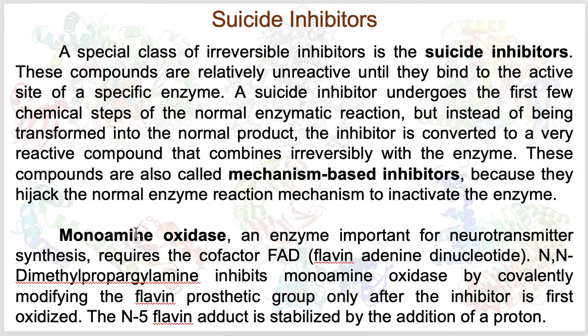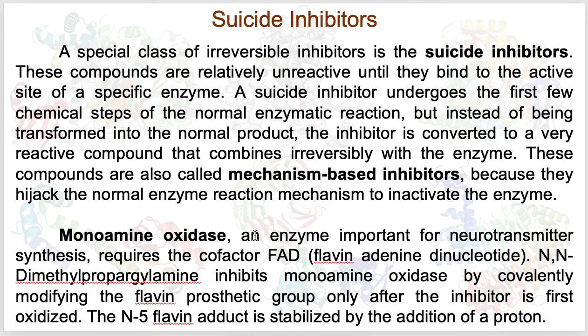This is one example, monoamine oxidase. N,N-dimethylpropargylamine is one example of a suicide inhibitor which inhibits this enzyme, monoamine oxidase. So let's see what this enzyme does.